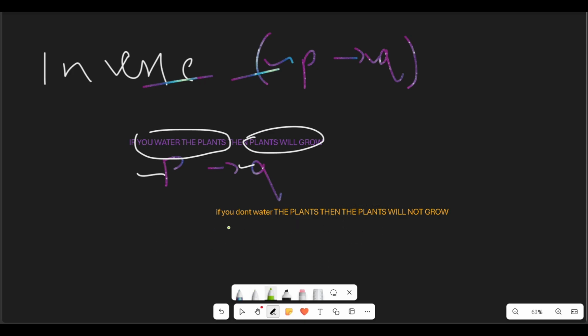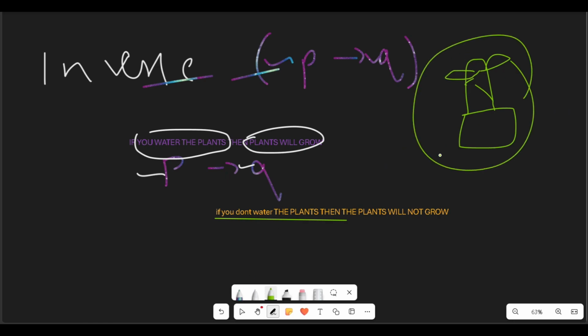The problem is, if you try to understand it closely, let's say this is my plant, and I refuse to water it. So will it die? Maybe it will die, but it may get water from humidity.